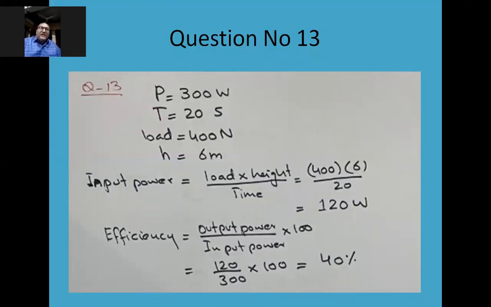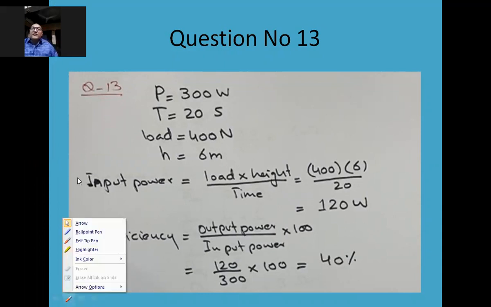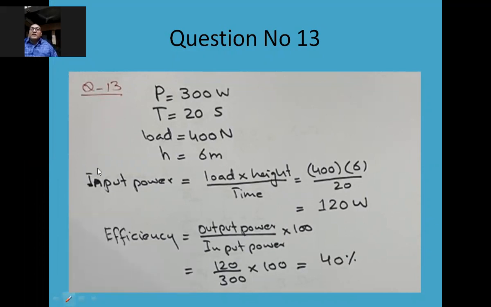The input power is 300 watts. The time is 20 seconds. The load which we are lifting is 400 Newton. And the height to which it went is 6 meters. I wrote here input power, but this word is basically output power, not input power.